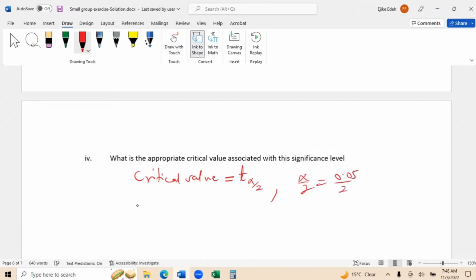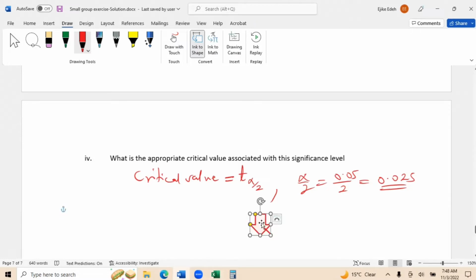So if I divide alpha by 2, I'm going to get 0.025. So 0.05 divided by 2 is 0.025. Now to get my T critical value, this will imply T alpha over 2. I'm going to go to the table to look for that value.